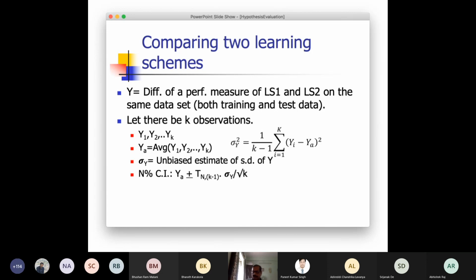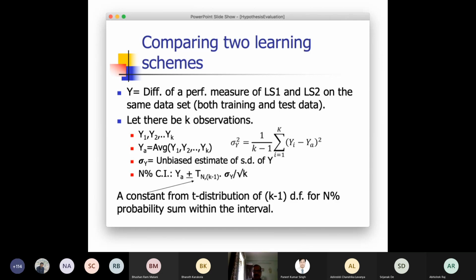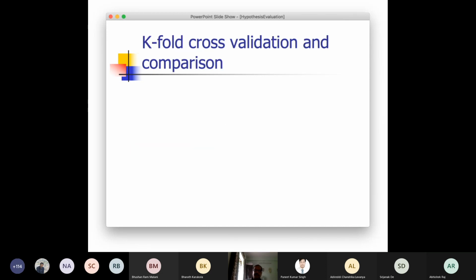There is also a theory of estimating unbiased variance, dividing by k minus 1; I'm not going into those details. Then the confidence interval can be denoted in this way. Instead of Z, we use T because we model it in terms of the T distribution. As N is large, it will follow a normal distribution. Right. So that is what it is about.